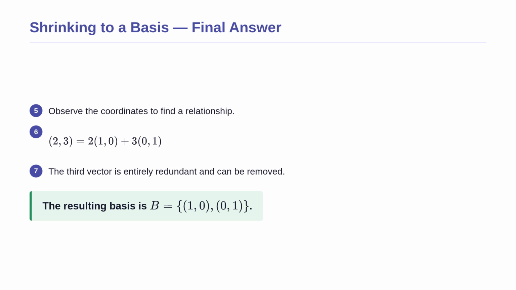It is entirely redundant. Because it is redundant, we remove it from our set. We are left with a new set containing only the first 2 vectors. These 2 vectors, (1, 0) and (0, 1), cannot be built from one another, so they are linearly independent. Since we now have exactly 2 independent vectors in a 2-dimensional space, they form a perfect Goldilocks set. We have successfully constructed a valid basis.